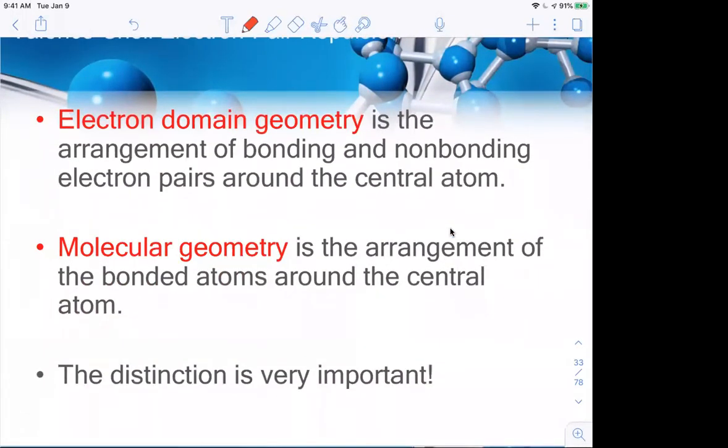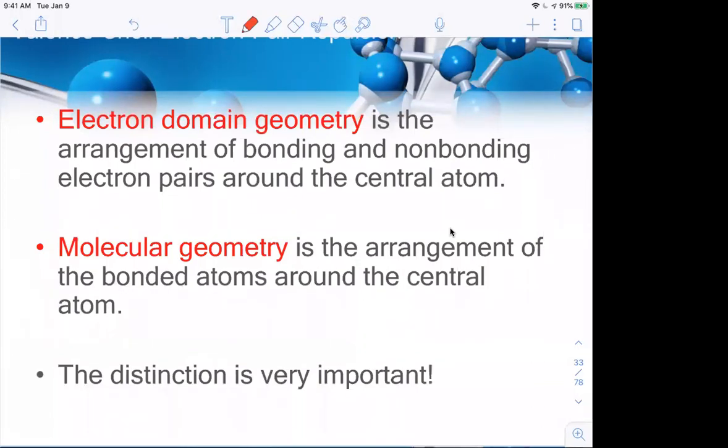Remember, the electron domain geometry, or the electron geometry, is the arrangement that includes both the bonding and the non-bonding electron pairs around the central atom. Molecular geometry is the shape that those bonded atoms take if I just connect the dots between atoms and ignore the lone pairs.